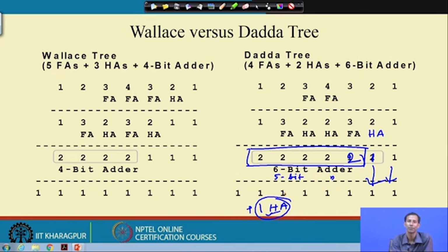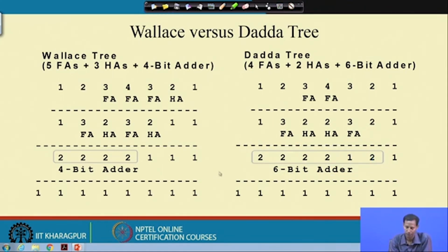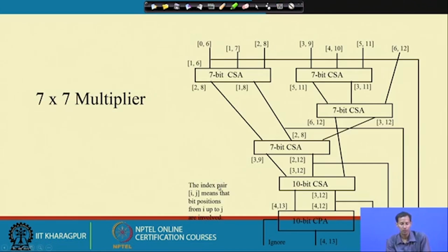So, this is the basic difference between the Wallace tree method and the Dadda tree method. Okay. So, this is the block diagram level representation, or implementation technique, of the 7x7 multiplier using this tree reduction method, whether that is the Wallace tree or the other Dadda tree method.